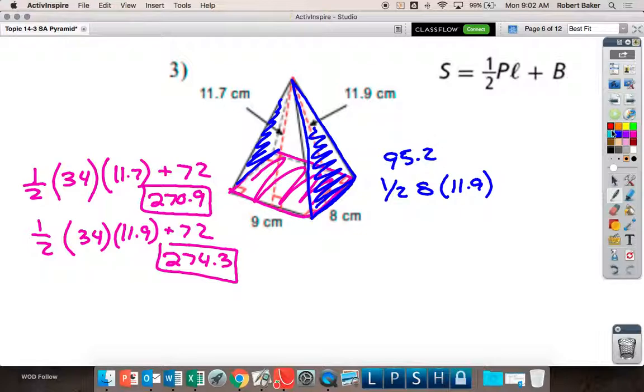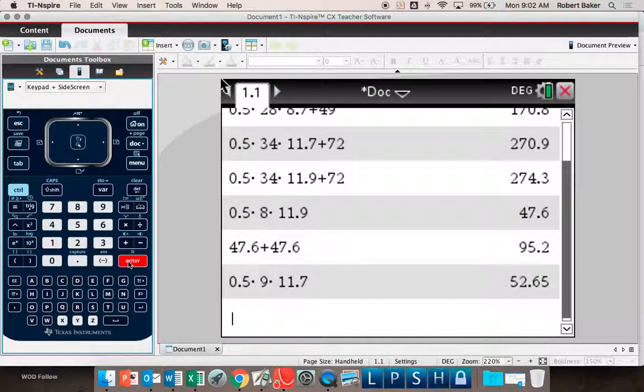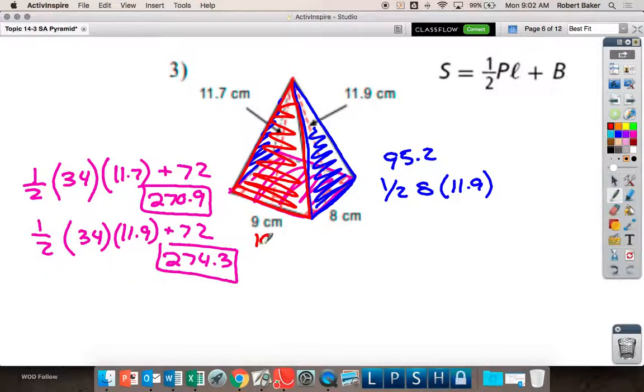Then we can find the area of the red faces, which is this triangle right here, 1/2 times 9 times 11.7. And there's two of those, which is 105.3. So we have two red faces and two blue faces, and then one black base.